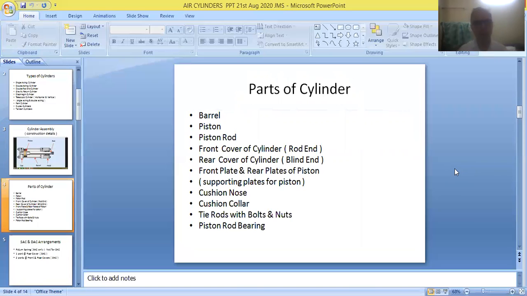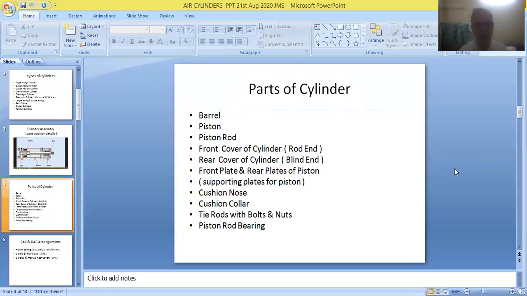So cylinders consist of barrels, piston rod, front cover of the cylinder, rear cover of the cylinder, front plate of the piston, rear plate of the piston, cushion nose fitted to the right hand side of the piston, cushion collar fitted at the left hand side of the piston, and tie rods with nuts and bolts, essential for joining the covers of cylinders.